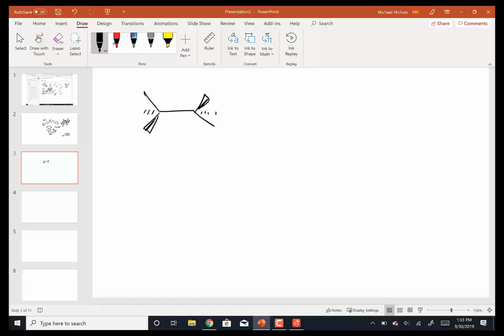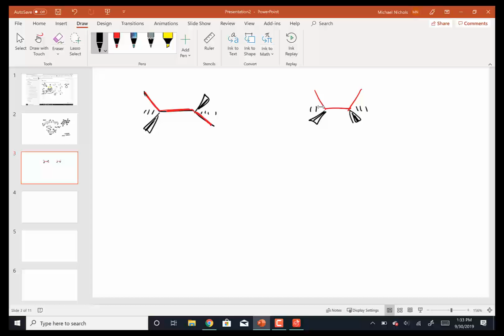If you want, we can put them in red. These are the bonds that are in the plane of the screen and in the plane of your paper. There is another sawhorse representation, this one is sort of S-shaped. This is U-shaped.